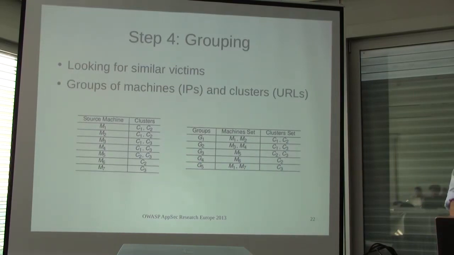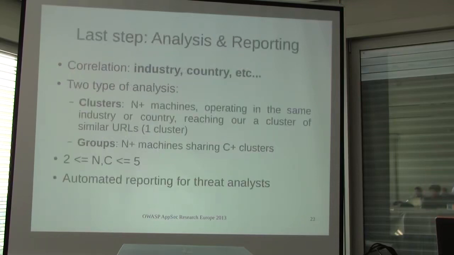Finally, at the end, we correlate the machines with the groups and the clusters. So we do 2 types of analysis. The first one is cluster-based, the second one is group-based. In the cluster-based analysis, we look at each cluster, and we look for those clusters that might be interesting.